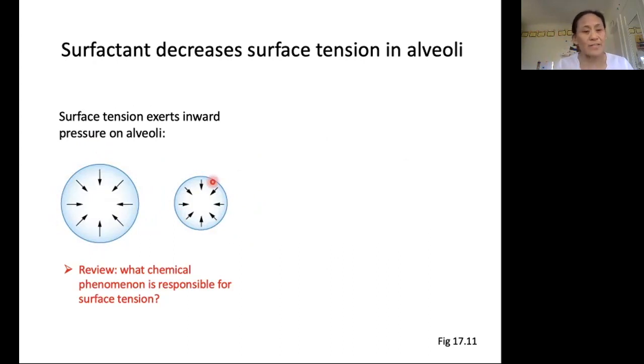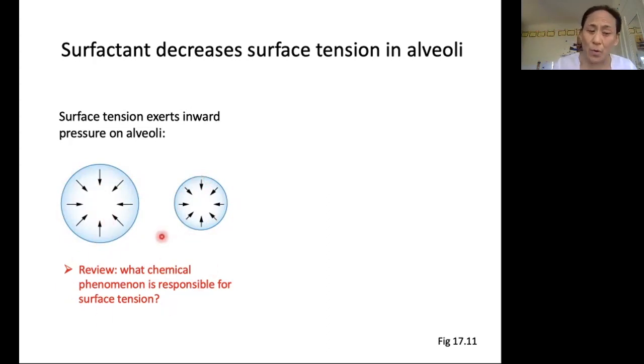The inner surface of each alveolus, alveolus being the singular of alveoli, is coated with saline. That saline has surface tension, and that surface tension exerts an inward pressure on the alveoli, giving them a tendency to collapse.